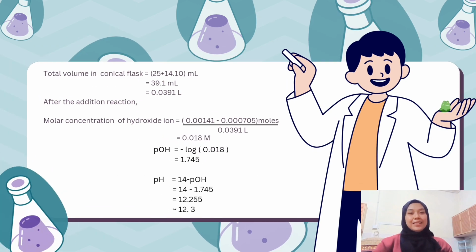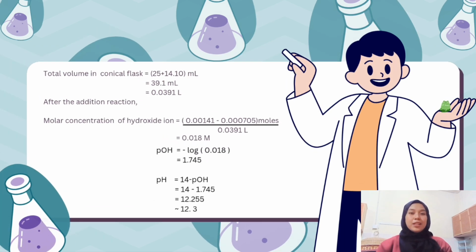Following that, the entire bulk volume in the conical flask is estimated to determine the molar concentration of hydroxide ion, because the number of moles of sulfuric acid is less than the amount of sodium hydroxide. Hydroxide ion has a molar concentration of 0.018 molar. The pH is 12.3 and the pOH is 1.745.